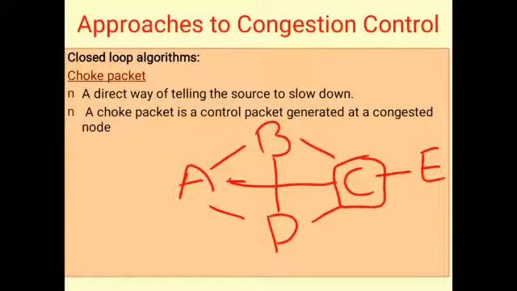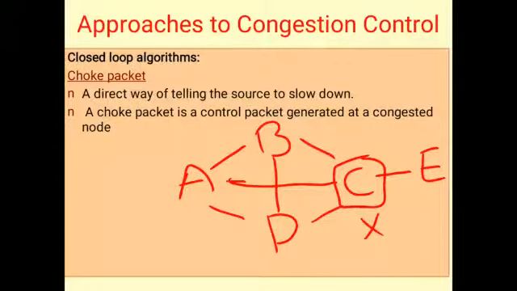C receives data from either D or B. For example, B is the fastest router and C is the slower one. Then what will happen? B is sending the packets fast and those packets are not received as they are at router C. So congestion will occur here. To avoid that congestion, at node C the choke packets are generated. The choke packets are nothing but control packets, which are used to control the congestion.